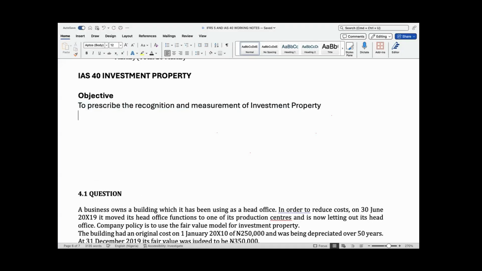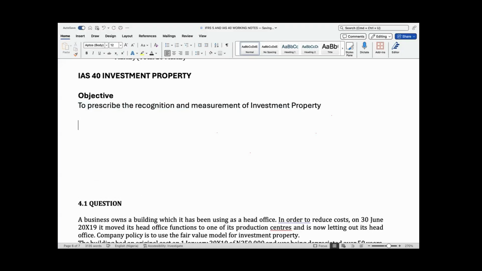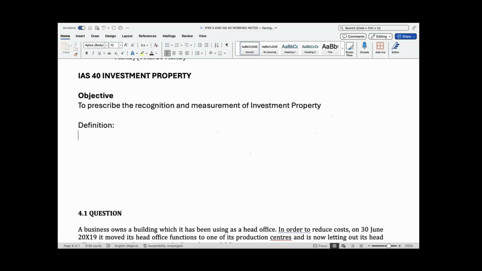So what we need to clarify first is what is an investment property, which asset is classified as investment property. So an investment property is the land and building or parts of a building.